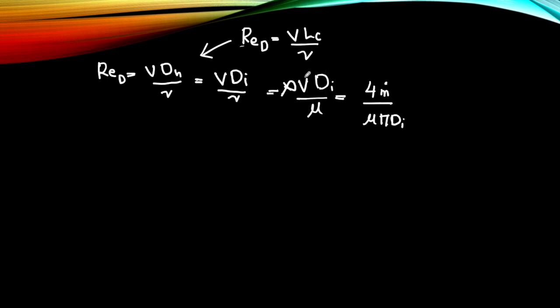Therefore we substitute the equation for volumetric flow rate to find V, and then it becomes this equation. So you may use this equation or this or this. All these three are the same.